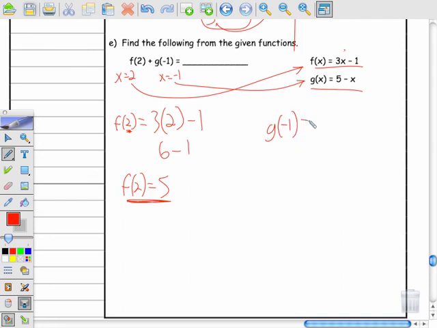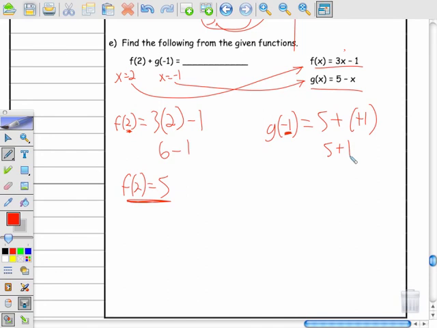Okay, let's do the g. x is equal to -1, so we're going to use this function right here. So g of -1 equals 5 minus, what is x? This is g of x, so if that -1 is right there, it's 5 minus -1.